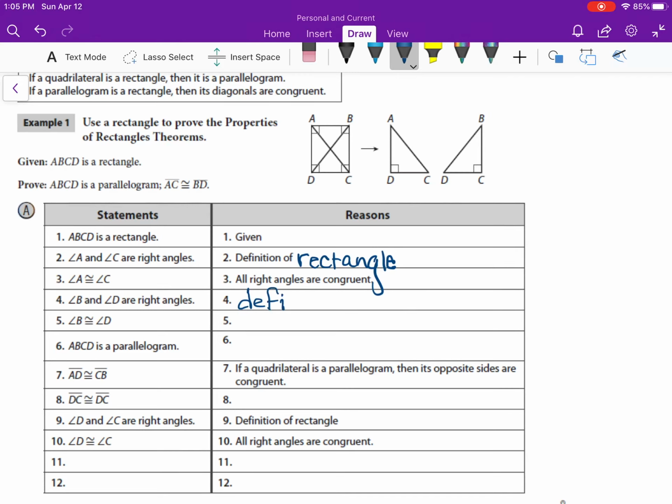So that's what you would put here in the reasons. B and D are congruent because all right angles are congruent.